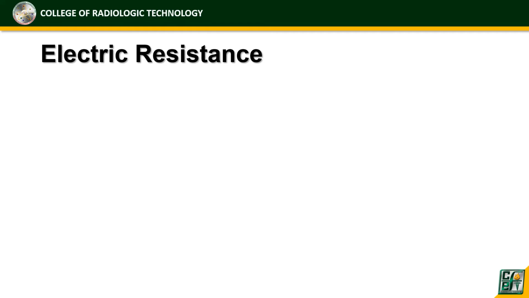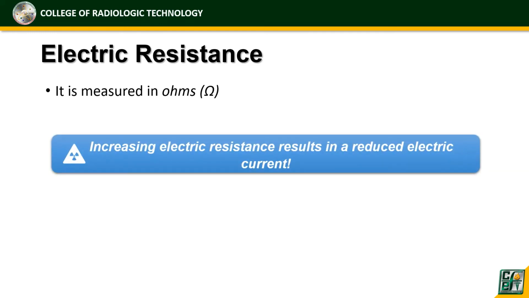Then electric resistance measured in ohms. Okay, the symbol of ohms is the Greek letter omega. Okay, the capital letter omega. Okay, so it is important for us to remember increasing electric resistance results in the reduced electric current.